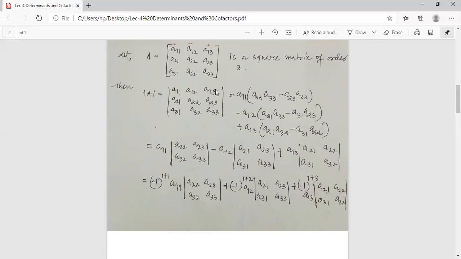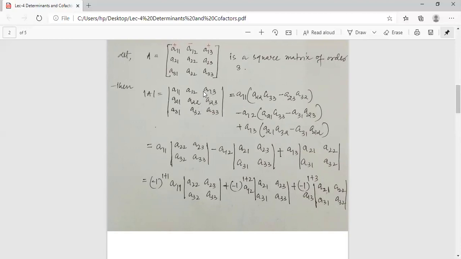exclude the corresponding row and column. So we have this submatrix A21, A23, A31, A33. Write the determinant value of that square matrix, and it will be A21, A33 minus A31, A23.